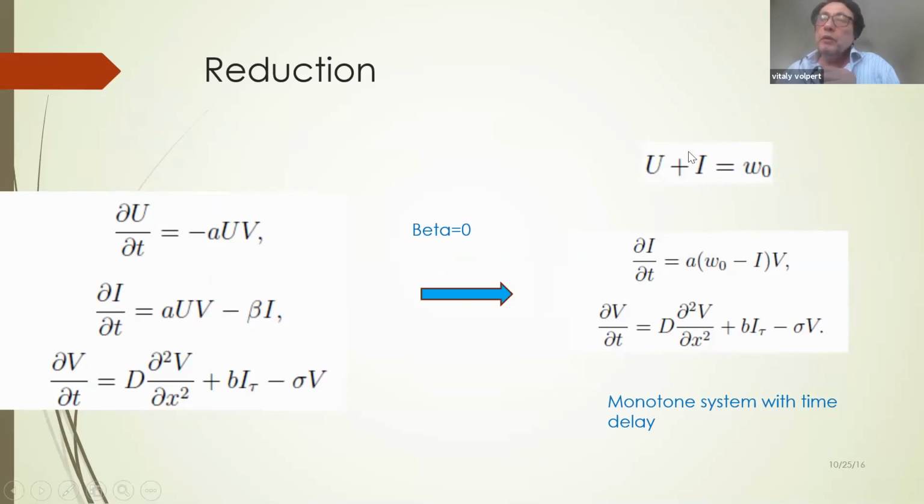The sum is constant, so we can in fact eliminate this equation for the uninfected cells. And after that, we have only two equations for infected cells and for viruses. Again, we have this delay term, but what is interesting here is that as before, we obtain this monotone system of equations, and therefore we can also use the mathematical approaches we discussed before.